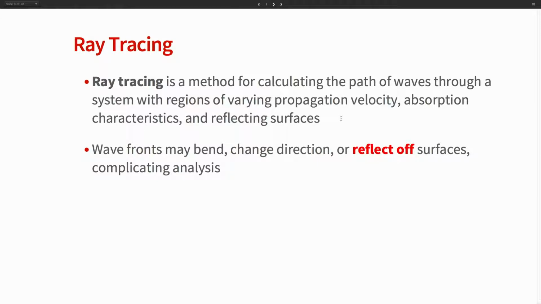So what is ray tracing? Ray tracing is a method where you mimic the transmitter like a bunch of rays, and the rays propagate. Now they hit walls, they hit boundaries, they hit concrete, and some of the energy dissipates.